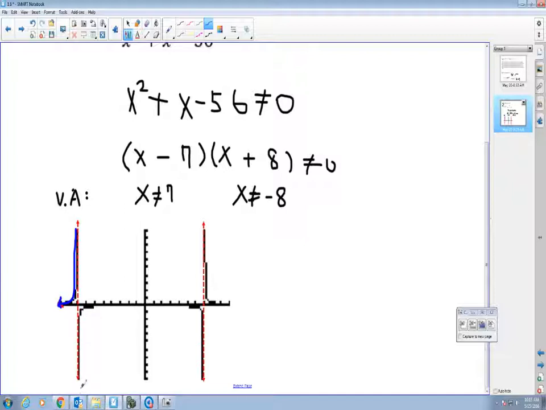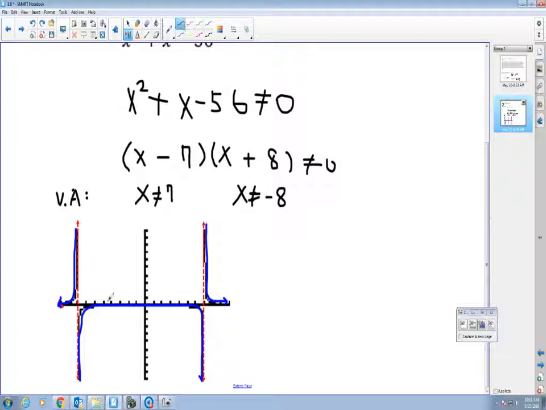I can't touch the vertical asymptote because the function does not exist there. And I've got one over here. So as far as looking at domain, this side keeps on going left, this side keeps on going right, and I've got two vertical asymptotes interrupting my whole function.